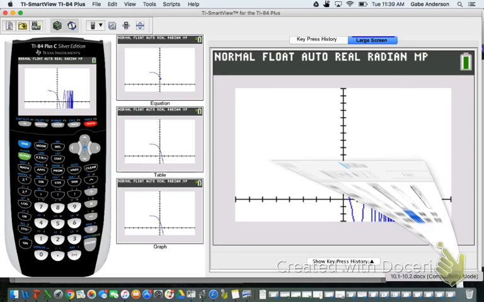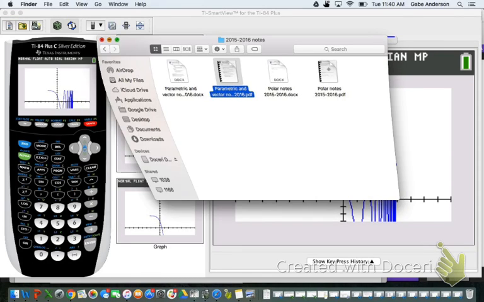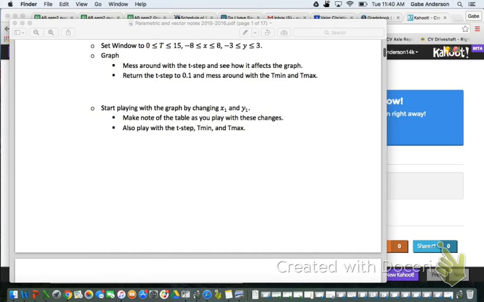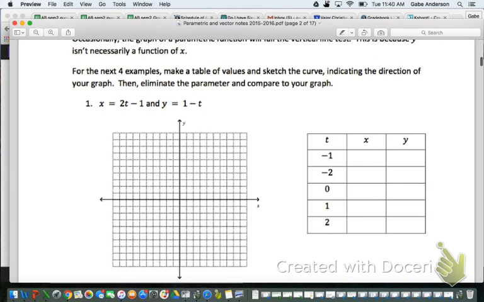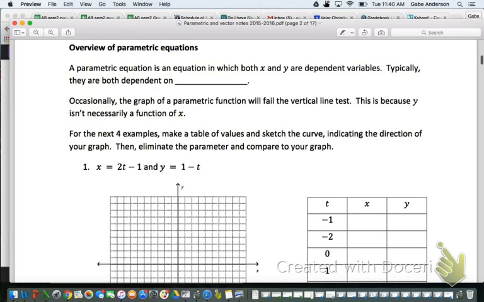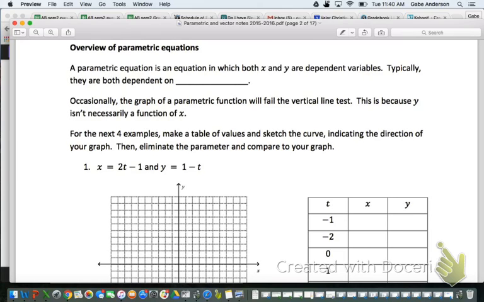In our notes, if we scroll on down here, just an overview. This will summarize what I was just saying. So a parametric equation is an equation in which x and y are both dependent variables. Typically, they both depend on time, or t.